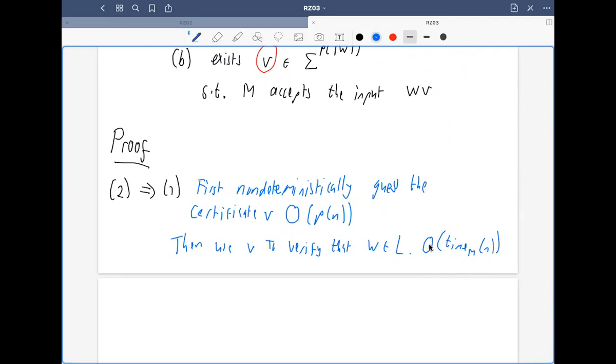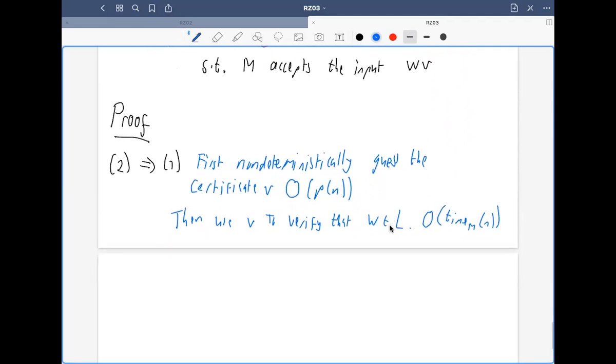And the total running time is the sum of these two, which is just whatever the larger of the 2 polynomials is. So it's certainly polynomial time.